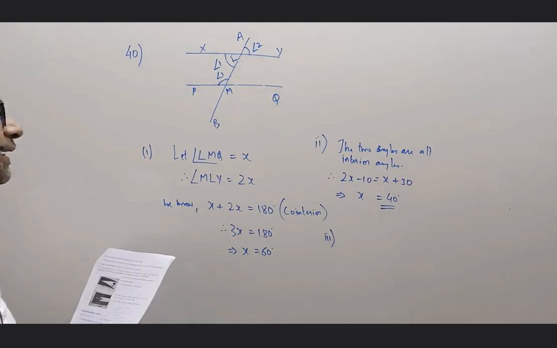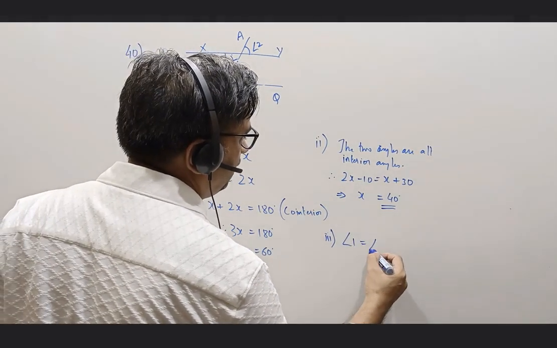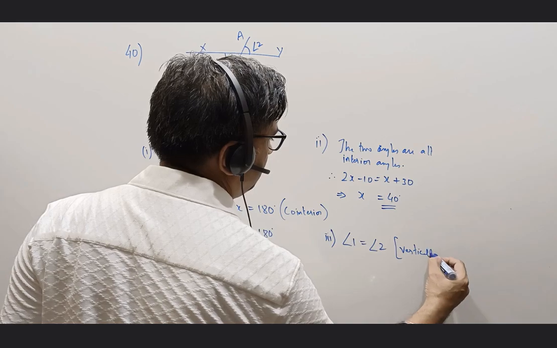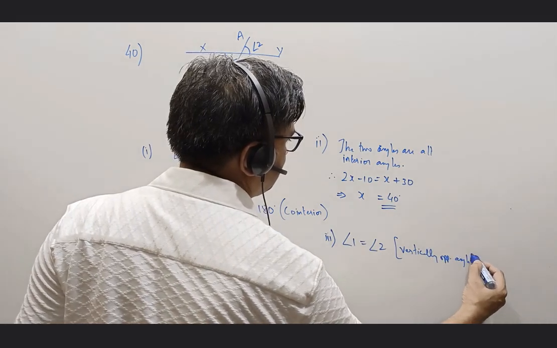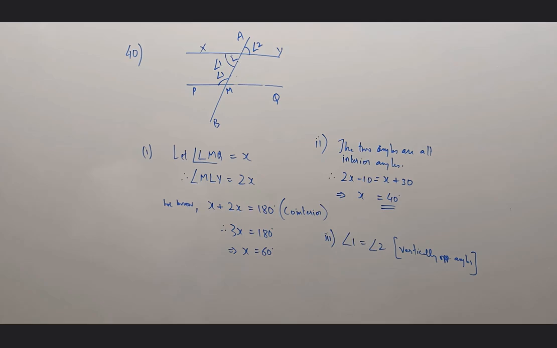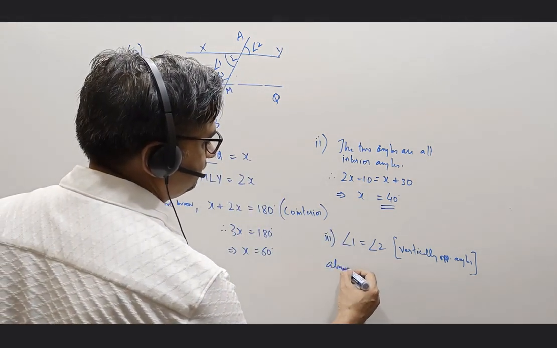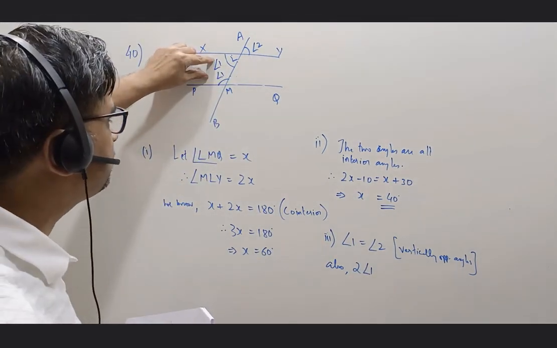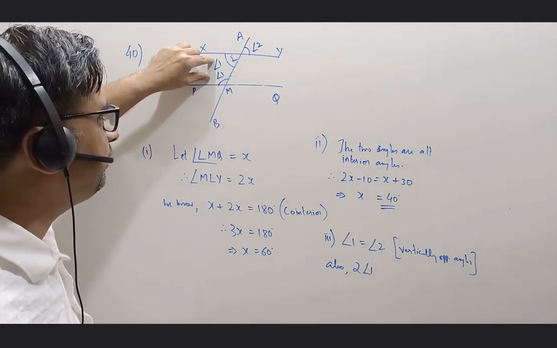So angle 1 and angle 2 are equal. As you can see, angle 1 is equal to angle 2 because they are vertically opposite angles, and also these two angles are supplementary because they form co-interior angles. Also, twice of angle 1, because this and this together form a co-interior pair, so these together will be 180 degrees.